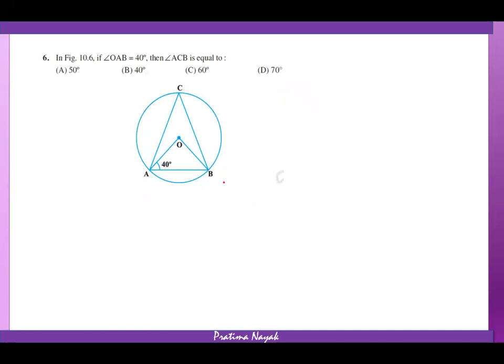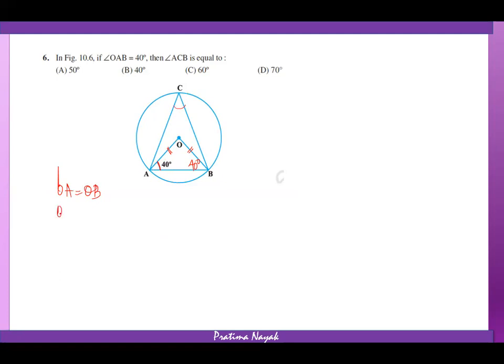Here a figure is given. OAB is equal to 40 degree. OAB, this angle is 40 degree. Then ACB is equal to how much? So if OAB is 40, OBA is also 40. Why? This is an isosceles triangle, radii are equal. OA is equal to OB.